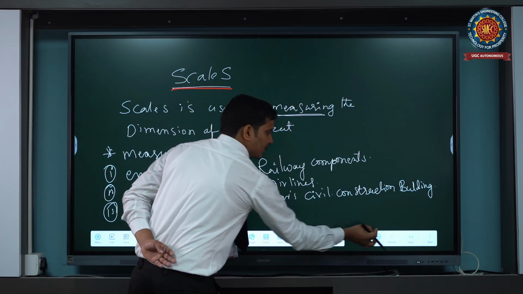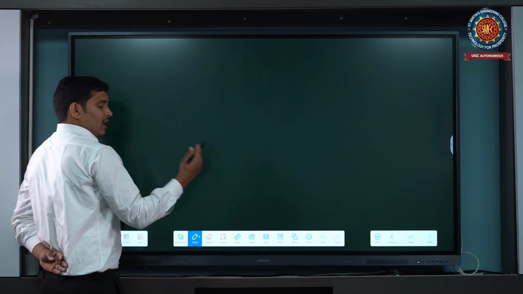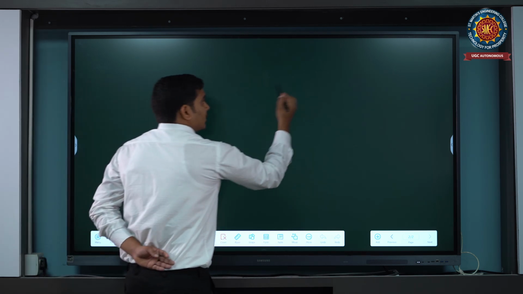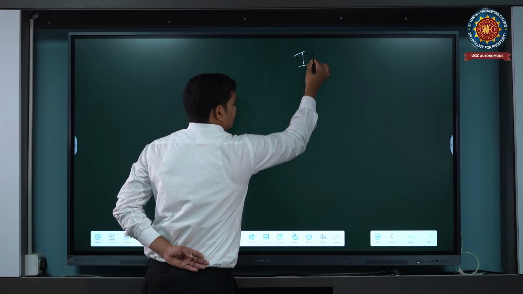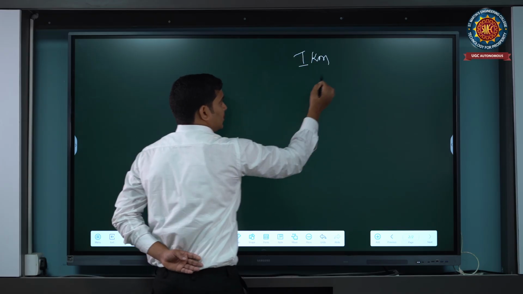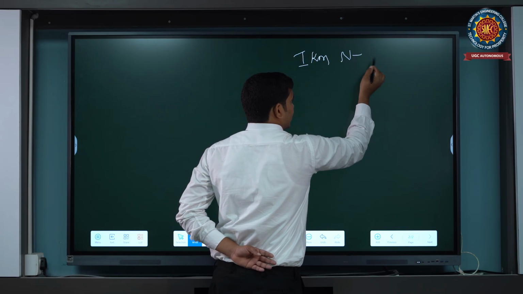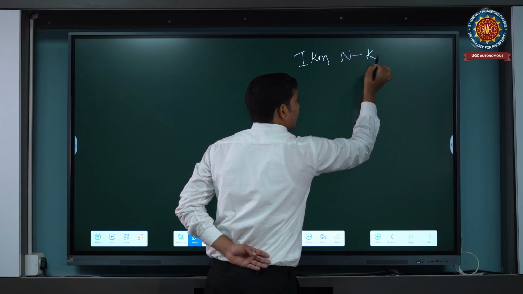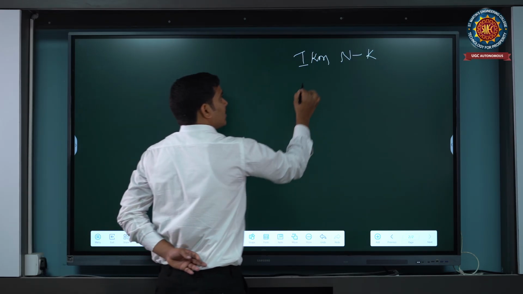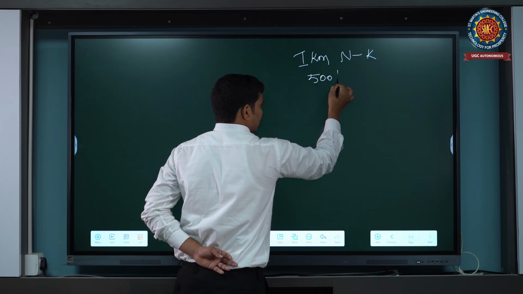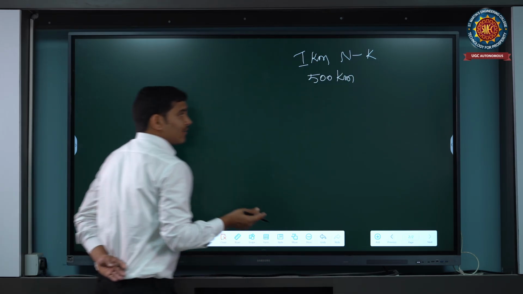Now the railway components. For example, the distance from New Delhi to Kanyakumari is about 500 kilometers.